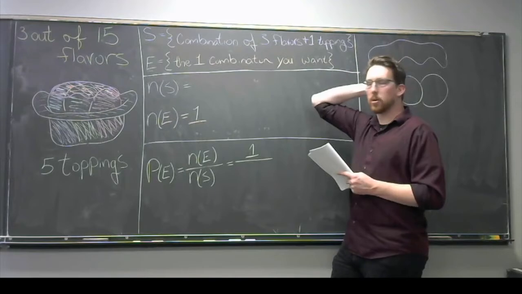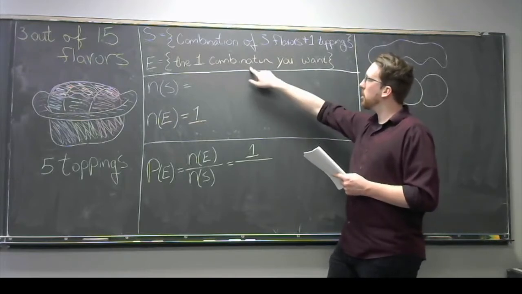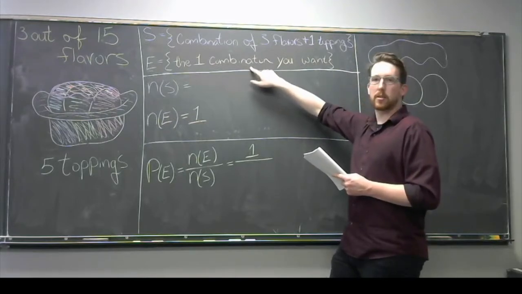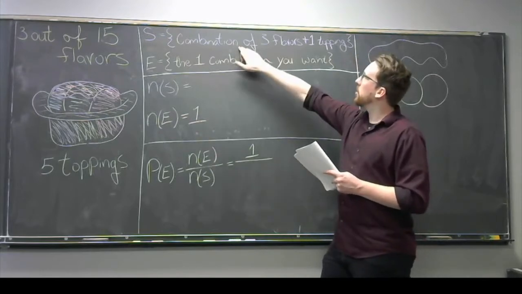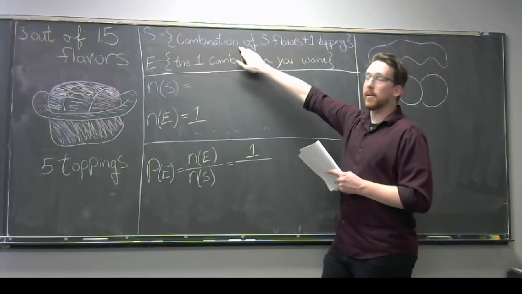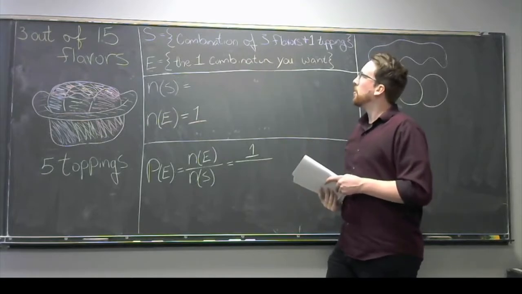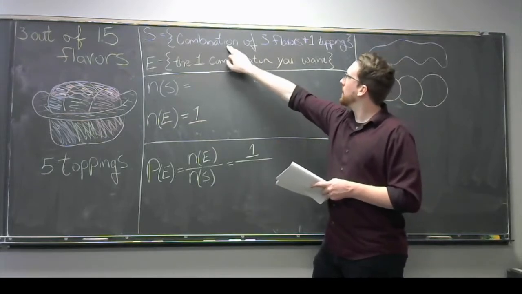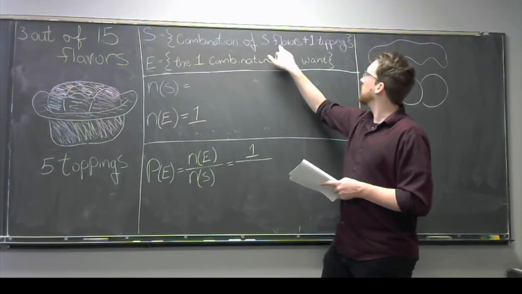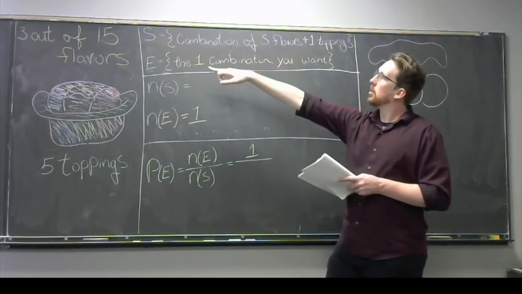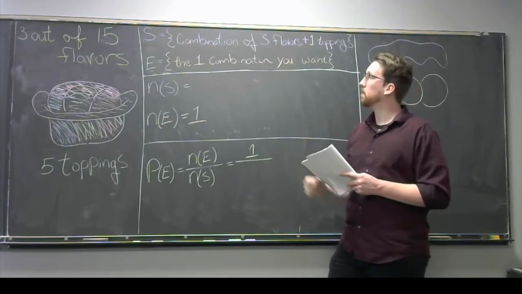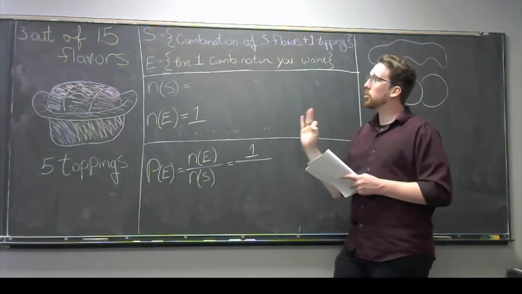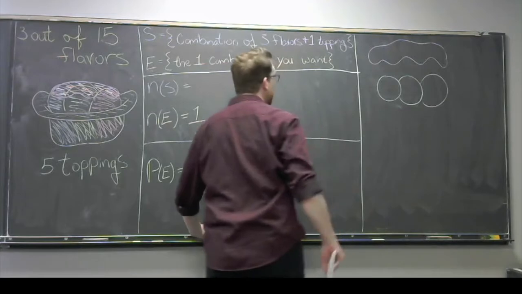All right, well, cool. We already know what the size of our event space is. It's just 1. That means we need to find out what the size of our sample space is. Well, like we say here, it's a combination of 3 flavors. So it's 15 choose 3. So we gotta choose 3 different flavors out of 15.